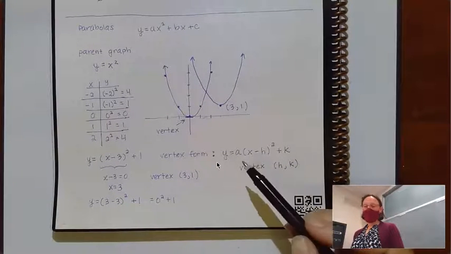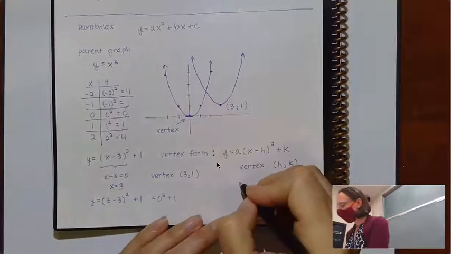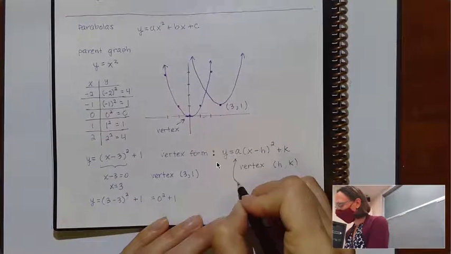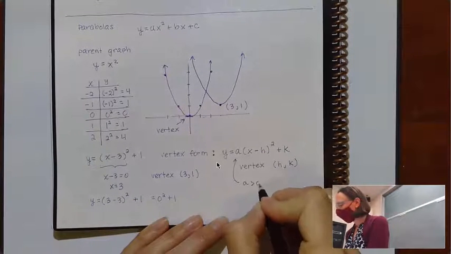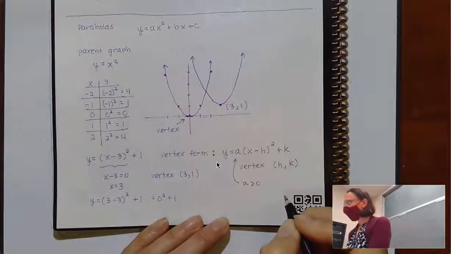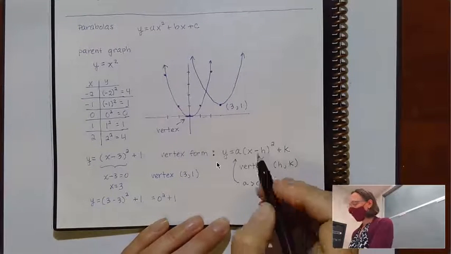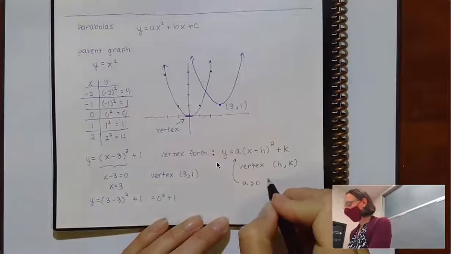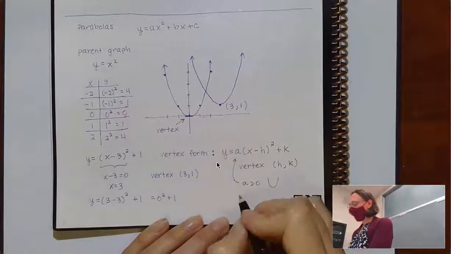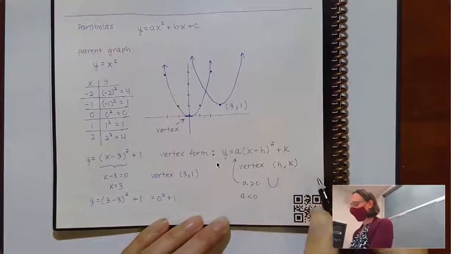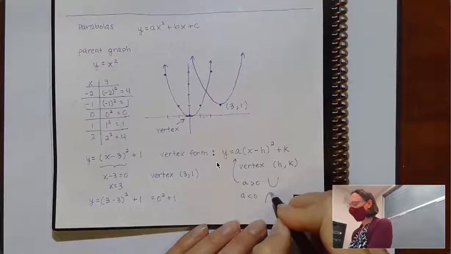And this value of a out in front, if a is positive, then we say that the parabola is concave up, which both of these parabolas are. And if a is negative, we say that the parabola is concave down.